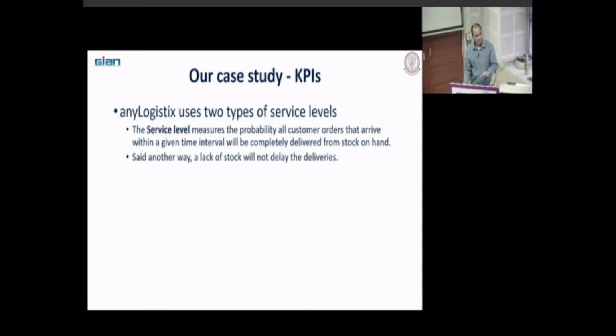If there is no stock available, what will it do? Tell me, suppose you receive the order and you don't have sufficient stock, what would you do? Back order is one option. What other options? Ask the supplier to deliver. You are the distributor, you receive the orders from the retailer, and you don't have sufficient stock.